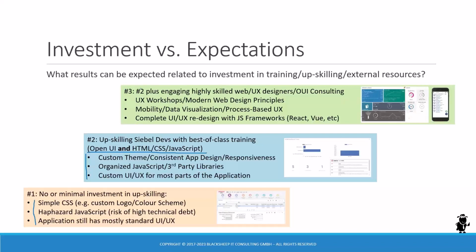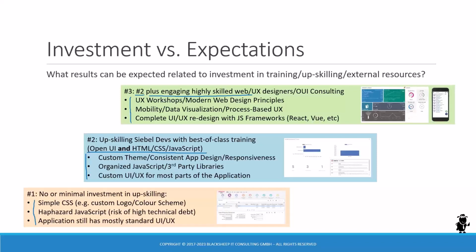And number 3 is actually do number 2, plus engage highly skilled web UX designers, or engage with consultancies such as the ones we mentioned, who can give you professional guidance through UX workshops, modern web design principles, who can tackle all the challenges of mobility, data visualization, process-based UX, and create a complete UI or UX redesign with modern JavaScript frameworks.